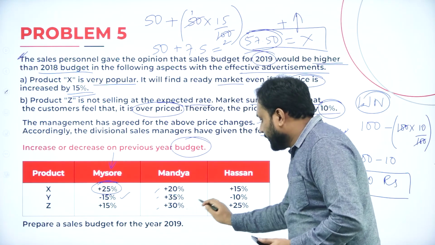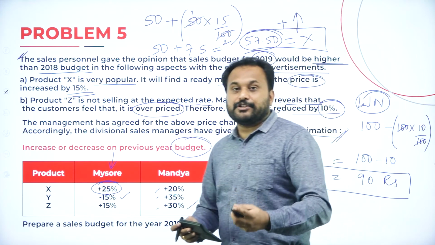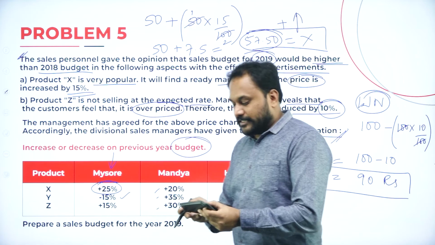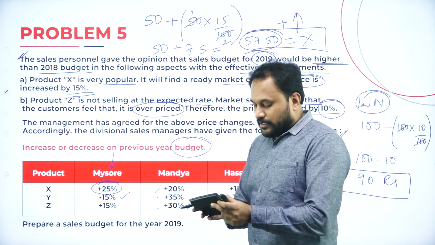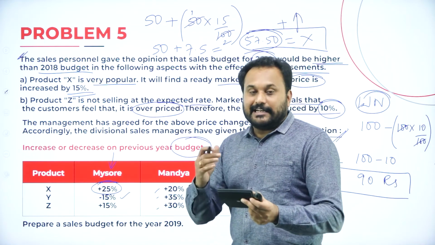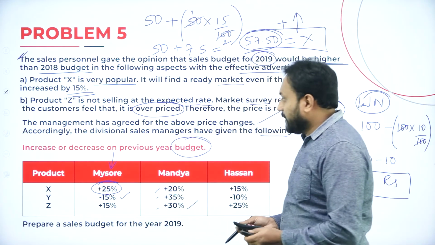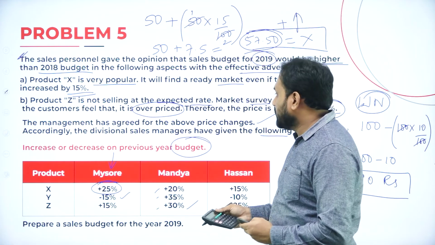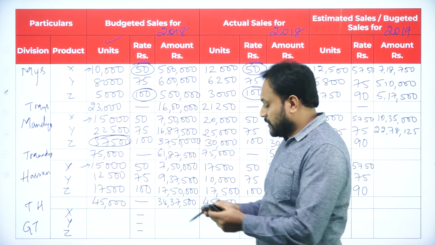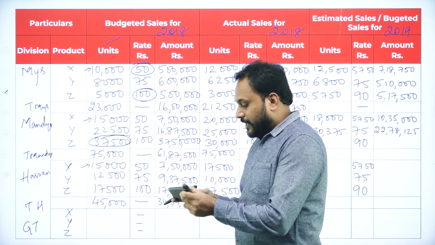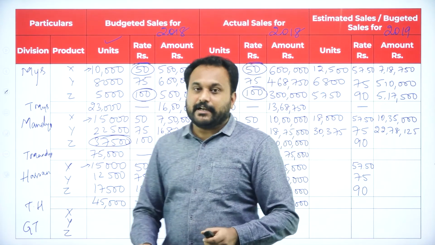They say 30% plus, that means we need to increase it. So when we increase it, 37,500 into 30% is 11,250. Now add that with the same amount. Plus 37,500 is equal to 48,750.